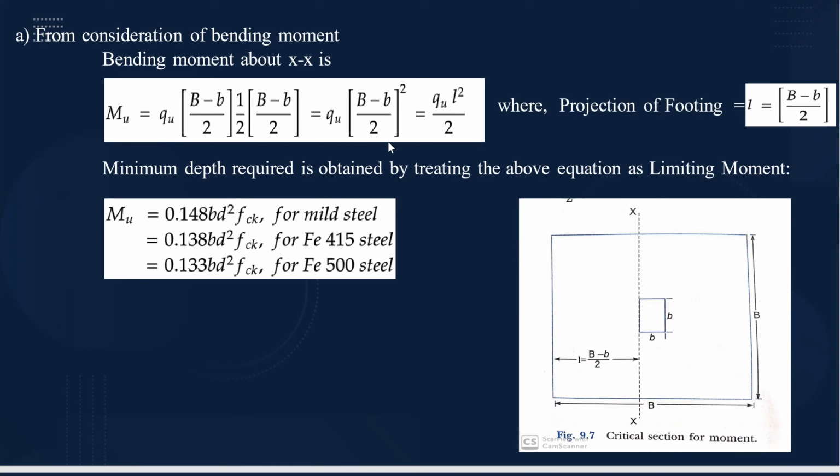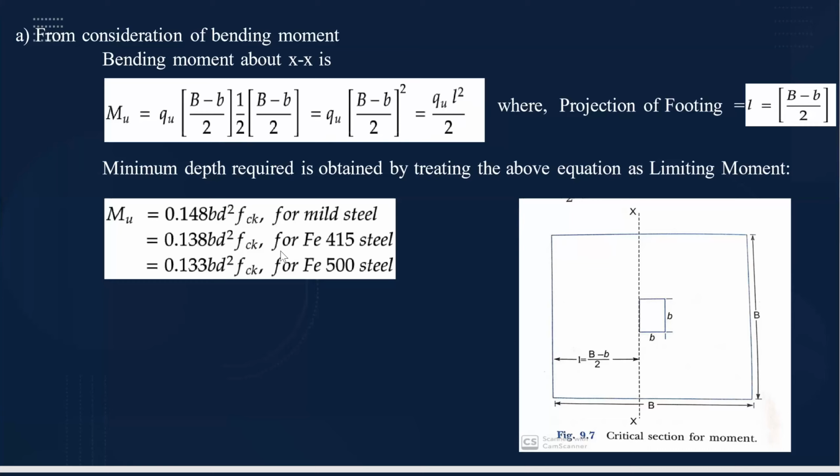So it is going to be QU into B minus b upon 2, whole square. Now B minus b upon 2 is nothing but the projection of the footing, that is L. Therefore, we can say that the bending moment is QU L square by 2. And if you remember, bending moment for a cantilever section is considered to be WL square by 2. So this part is considered as a cantilever.